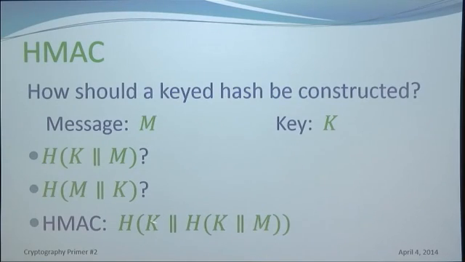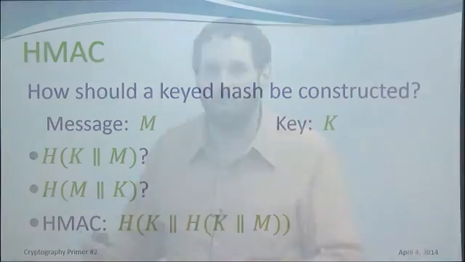Well, yes, it's 2 hashes, but this first hash might be a big hash if the message is big. But now what you've got here is small. So this second hash is really just one extra iteration of the compression function. It's a small hash. It's not a big deal. And it turns out this has some nice provable characteristics that it meets everything you want. So this is how you do a keyed hash.